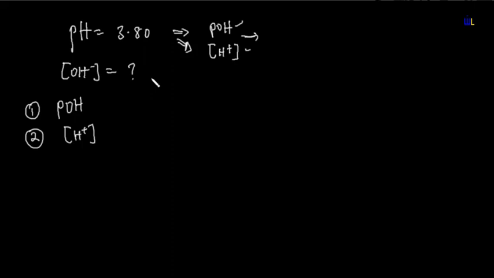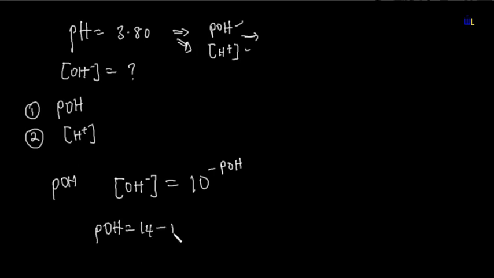Let's use method one. Method one is using pOH. Now if you remember, the concentration of OH minus is equal to 10 raised to power negative pOH. Which means if we have pOH, we've gotten our answer. Now how do we find pOH? pOH is equal to 14 minus pH, and we have the pH in this question, which means 14 minus 3.8 will give us pOH.